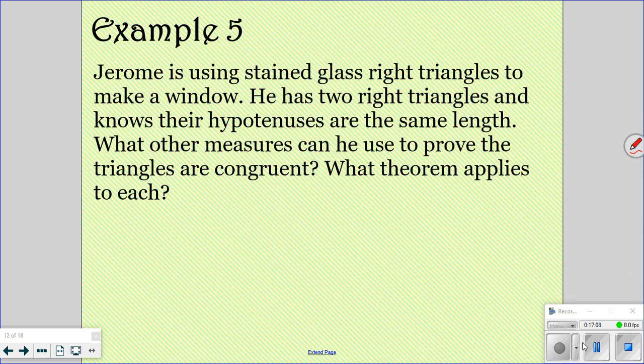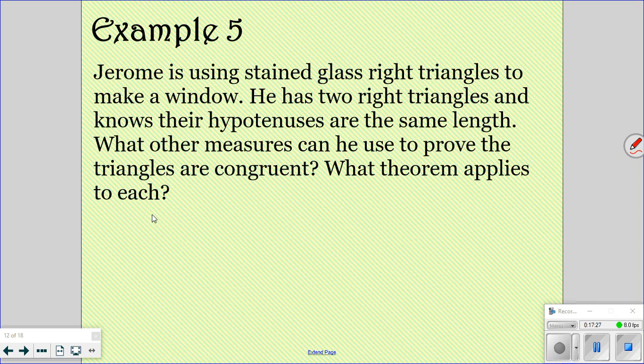Okay, so let's look at this next example. Jerome is using stained glass right triangles to make a window, and he has two right triangles, and he knows the hypotenuses are the same length. What other measures can he use to prove the triangles are congruent, and what theorem applies to each?